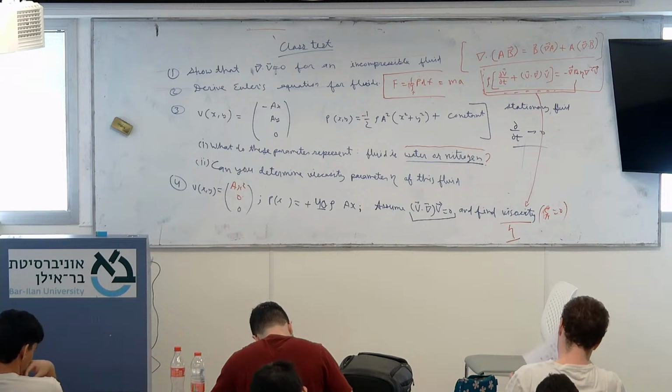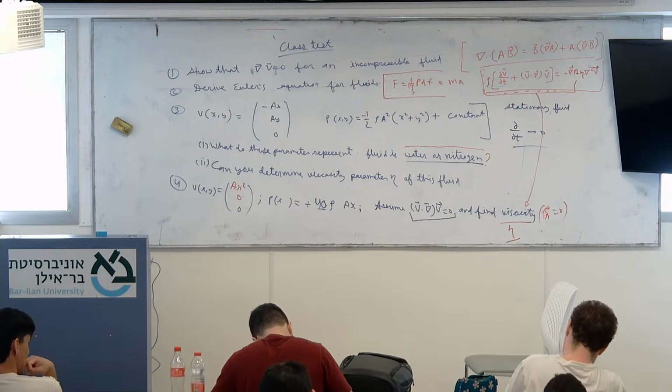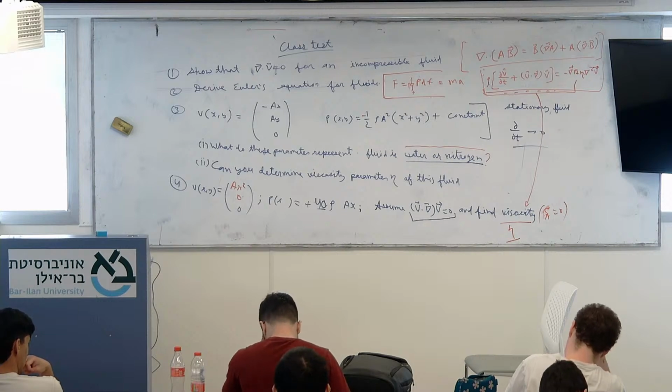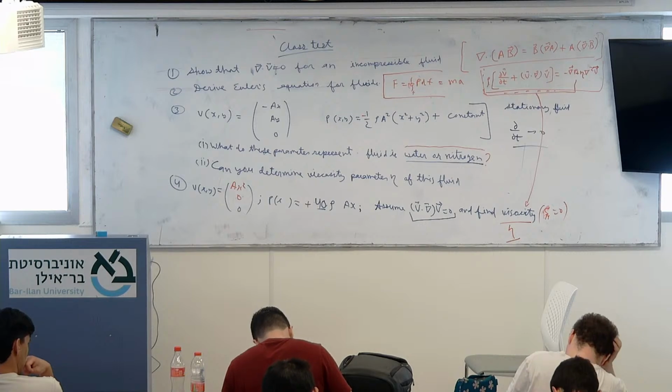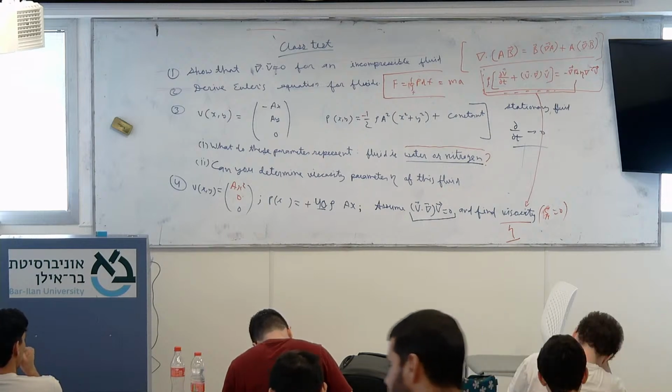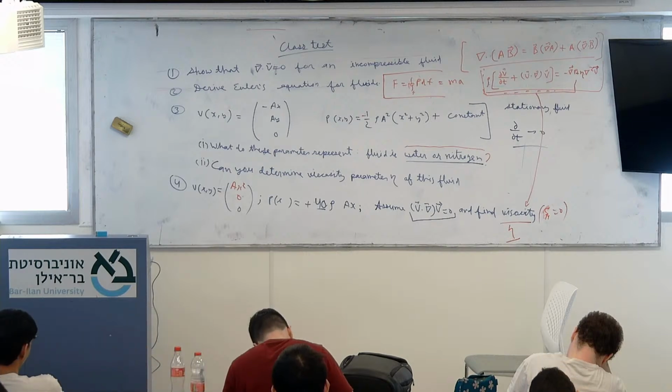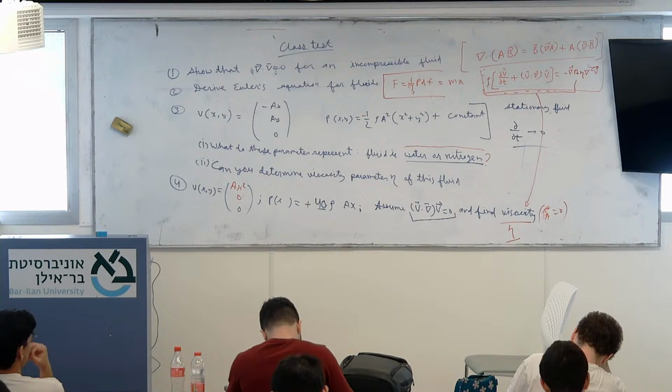This expression was positive there, but while typing I made a mistake in the equation. It's 4 rho AX.